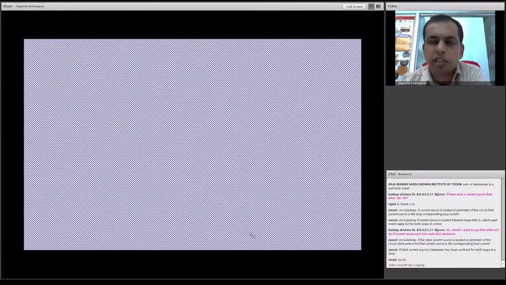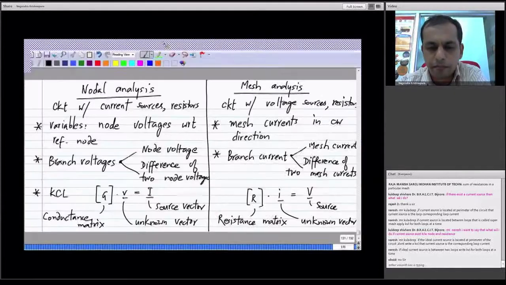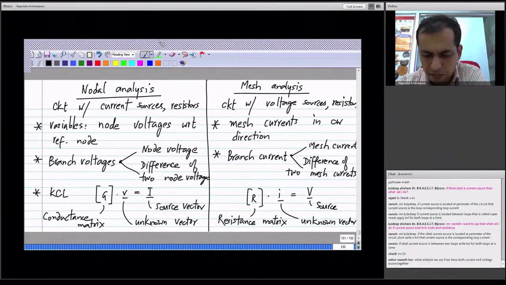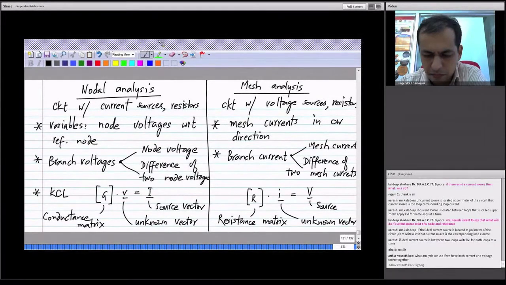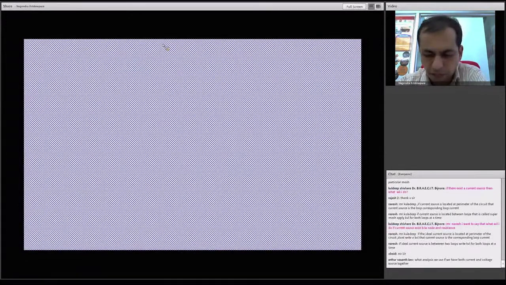Now there are some questions about including current source in mesh analysis. I will discuss that shortly. Okay, so now I think the simple case is pretty clear.